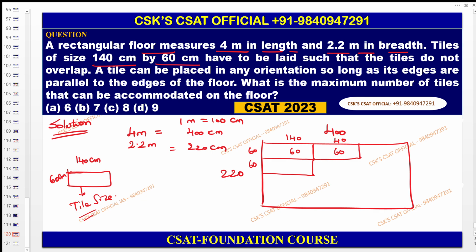Since it is 220, I can make another 60 here. So 180 is gone, and the left out here is 40, with which we can't make another. So 3 tiles we can fix row wise. Another tile here, another tile here.